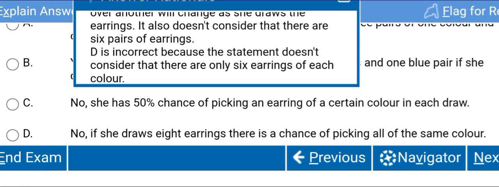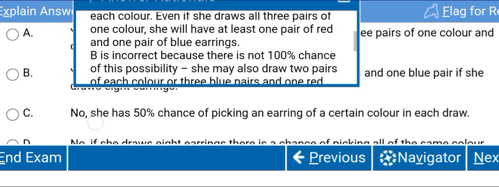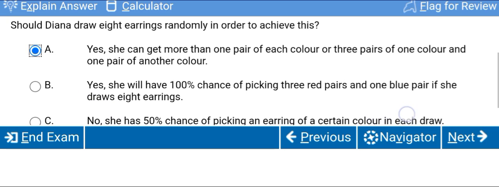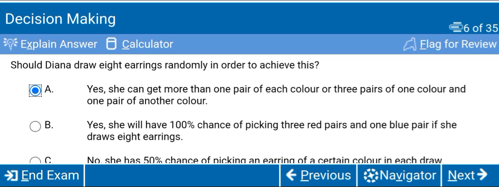Option D is incorrect because the statement doesn't consider that there are only 6 earrings of each color. So here again option A is the correct option, as it says yes, she can get more than one pair of each color or 3 pairs of one color and one pair of another color.